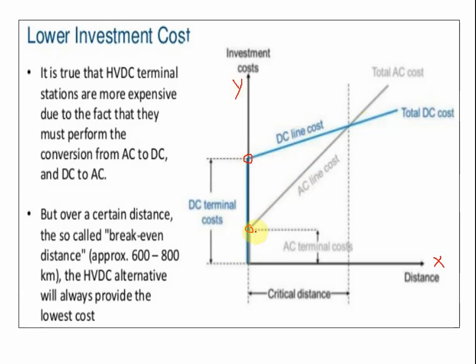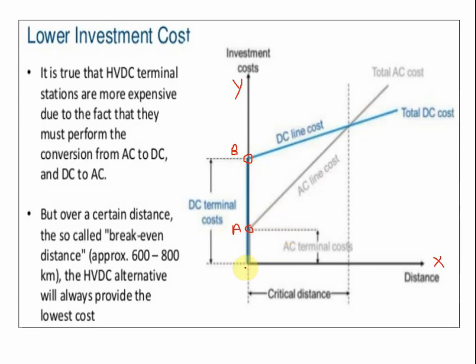From this we easily say that the initial cost of AC lines is less as compared to DC lines. Suppose this is point A and this is my point B. From these two points we clearly say that AC lines have lower cost at initial stages.